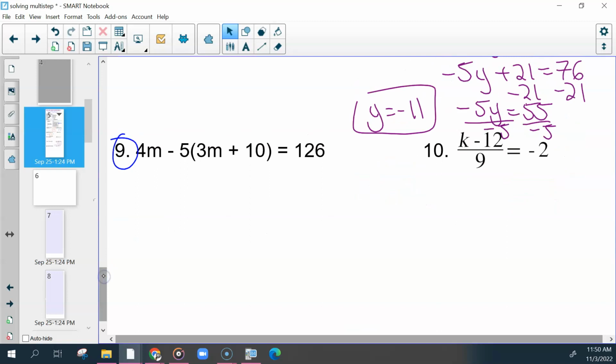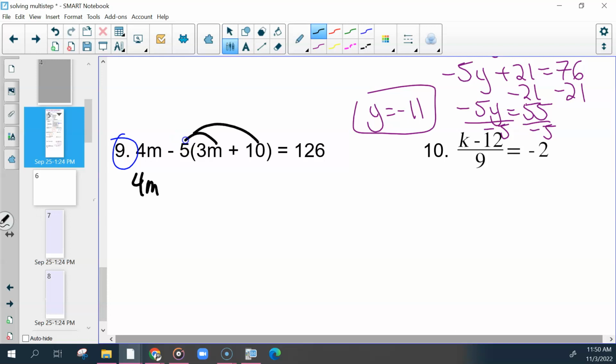Nine is similar, where we are distributing the negative 5. This becomes a negative 50. When we combine our like terms, that would become what? Not negative 1.